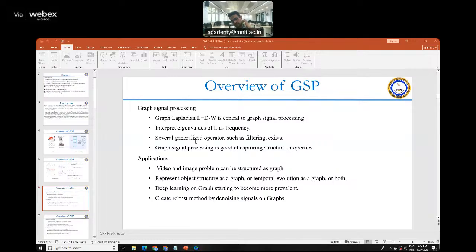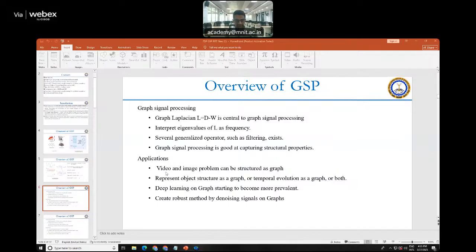For example, if some signal has structure 1, another signal has structure 2, if we do the filtering on both these signals, then not only due to the individual values of the graph signal, but also due to the structure, the operation will be different. The graph signal processing will lead to a different outcome. That's why we say that it captures the structural properties.